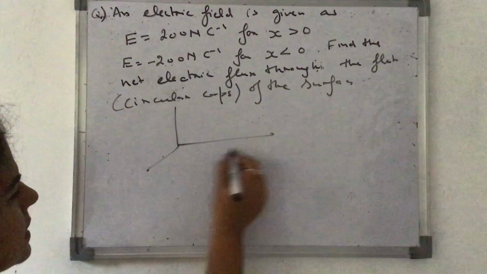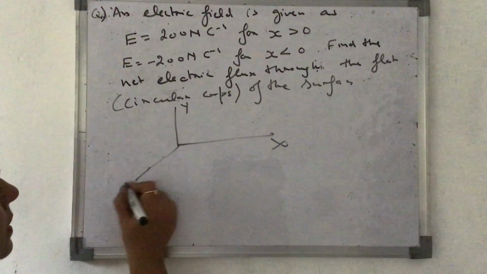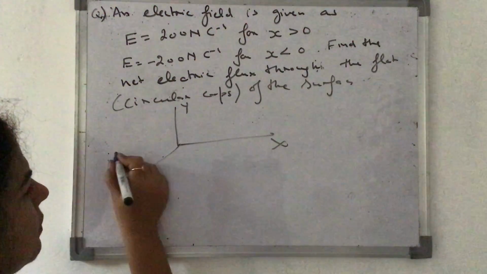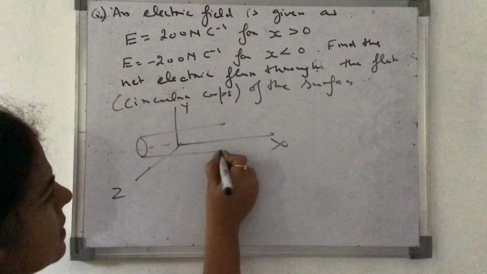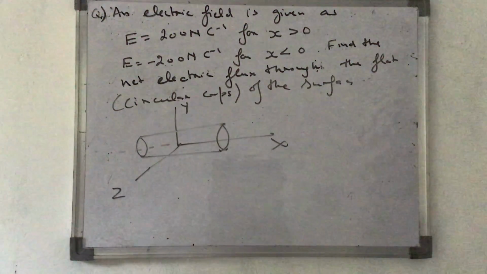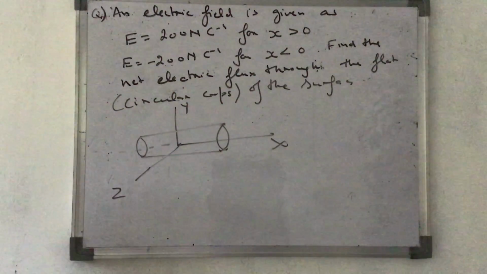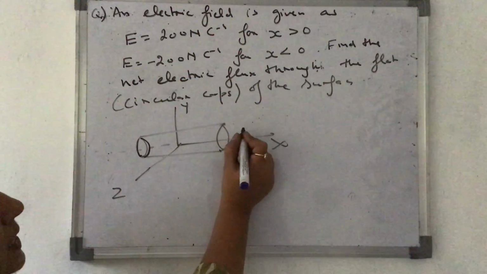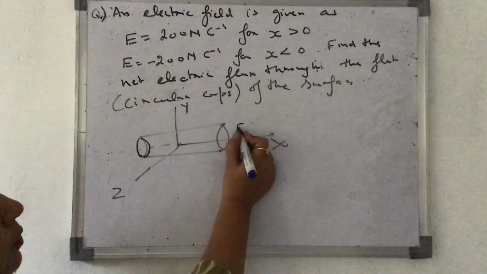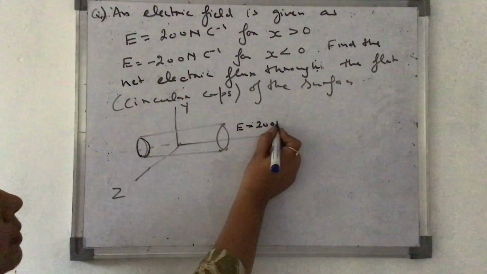The diagram is given. I have this x-axis, y-axis, z-axis. It is given that I have a cylinder like this, and they have given the values of the electric field. They are saying that on the positive side the electric field is equal to 200 Newton per coulomb.